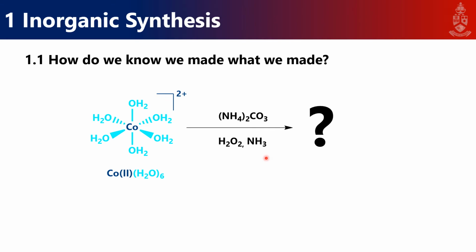We know ammonia is a ligand that can coordinate. We know that these two things in solvent form, or once solvated, will split into NH4 plus and CO3 2 minus. So those are options that might coordinate to cobalt, replacing the aqua ligands. So there might be an NH3 that goes instead of this aqua ligand.